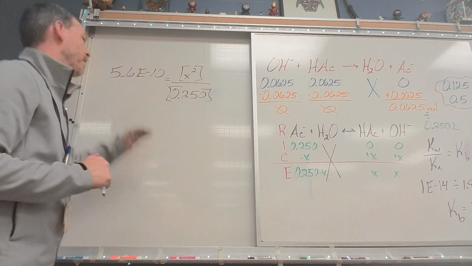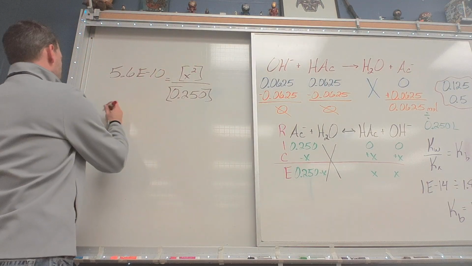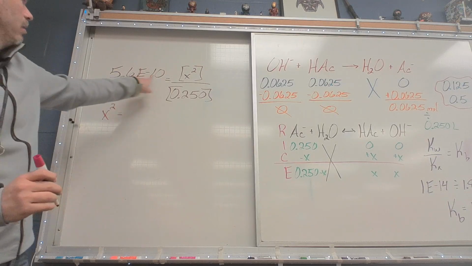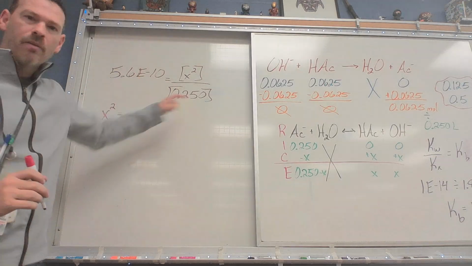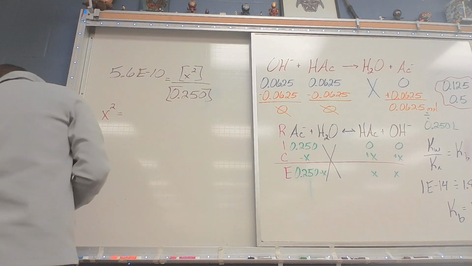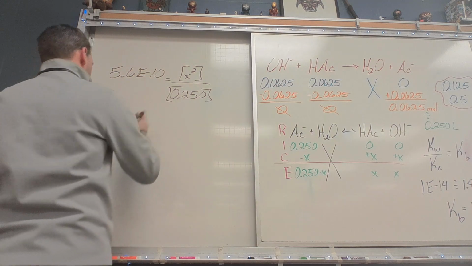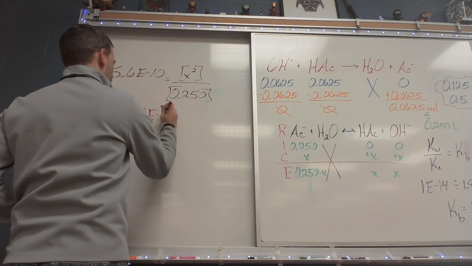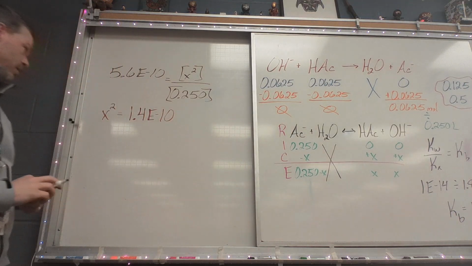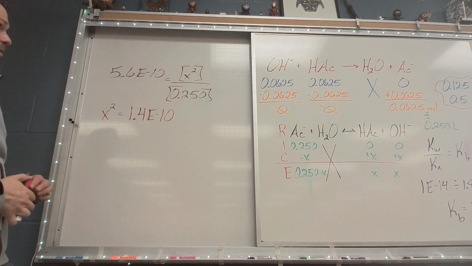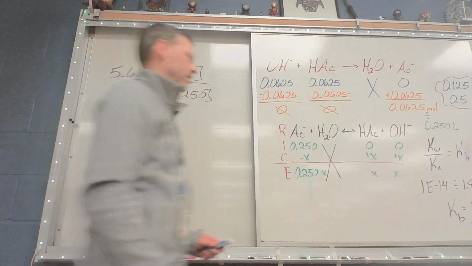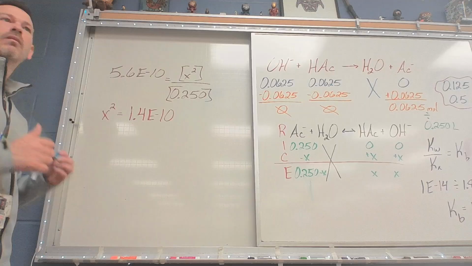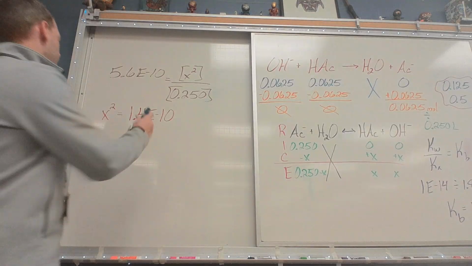Simplify, you'll get X squared equals, cross multiply there. Square root to isolate.